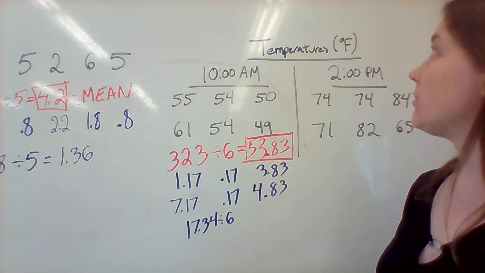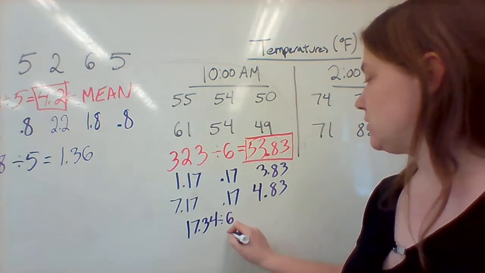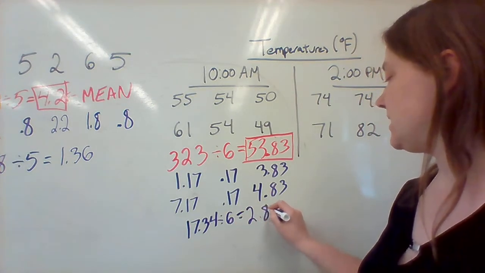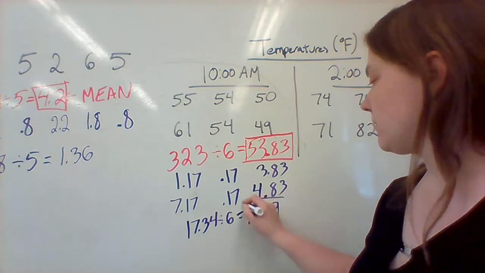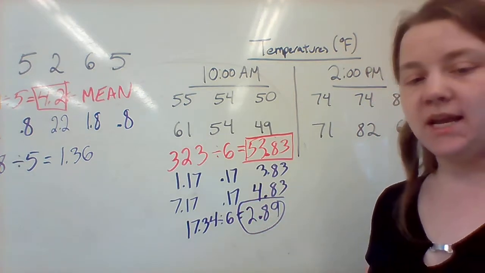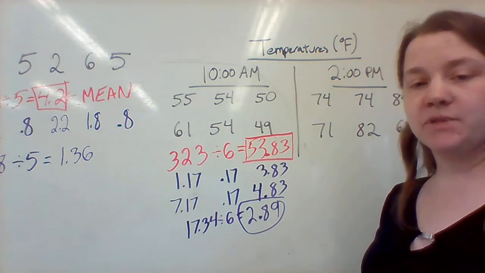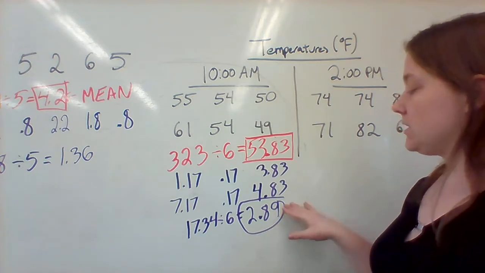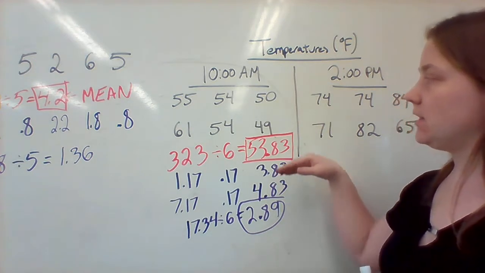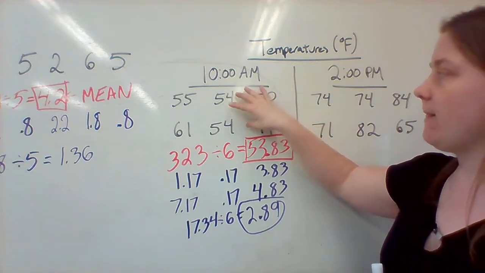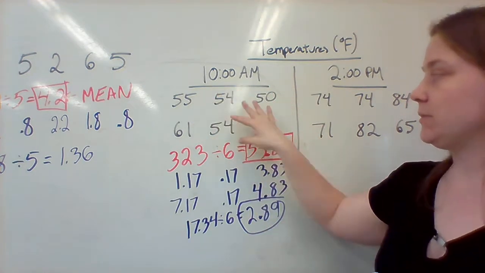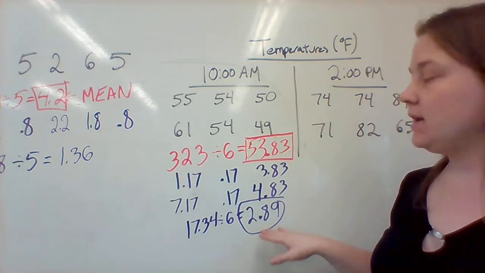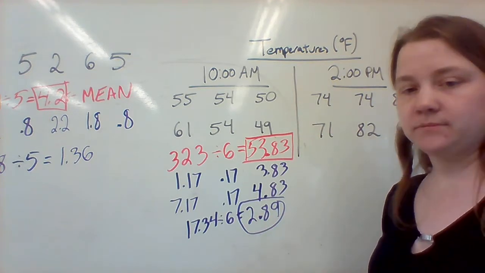When I divide that number by 6, I'm going to get 2.89. 2.89 is the mean absolute deviation. So the average amount of distance between these numbers and the mean is 2.89.